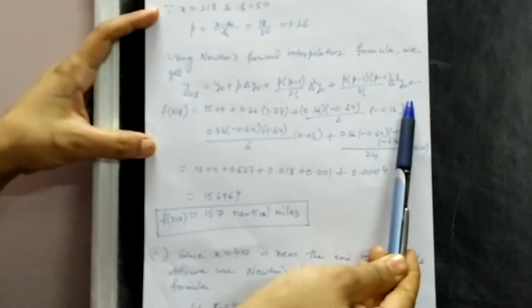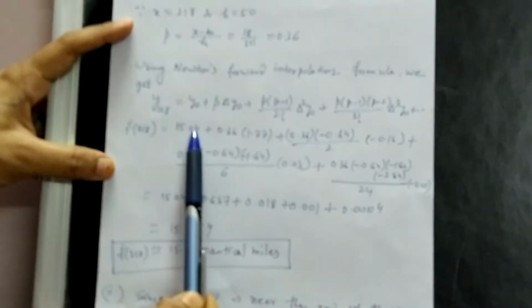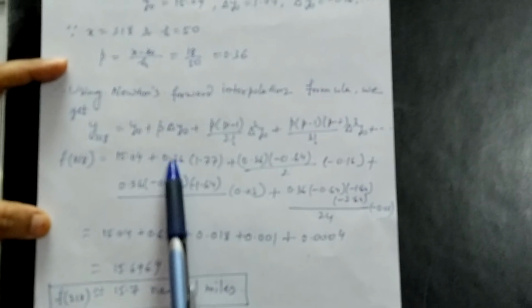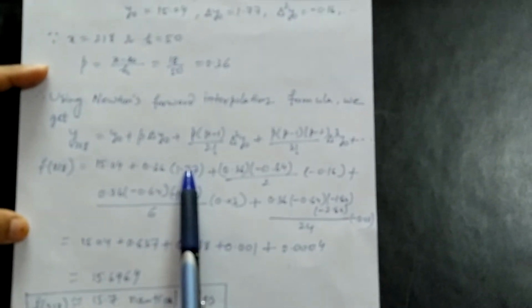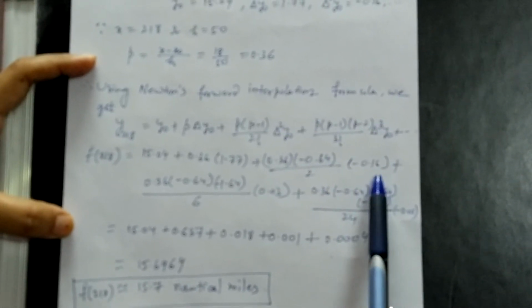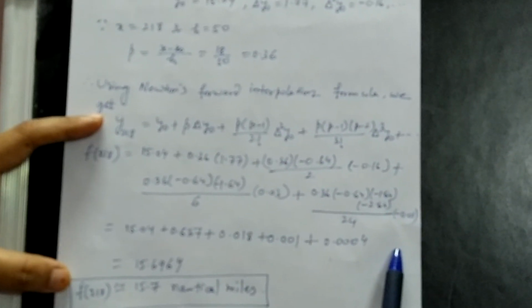Every time you solve, you have to quote the formula. After this, y naught and the other values are obtained from the table that we have made. Y naught, then p, the value is given, then del y naught from the table, and the value of p is substituted like this, then the value from the table, and so on.